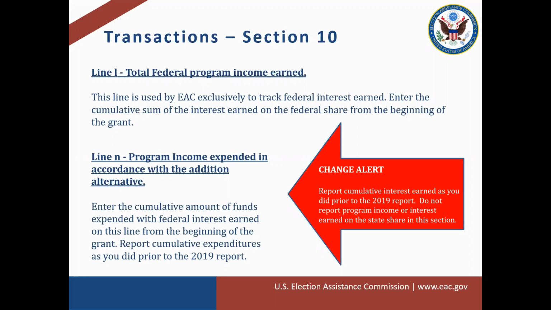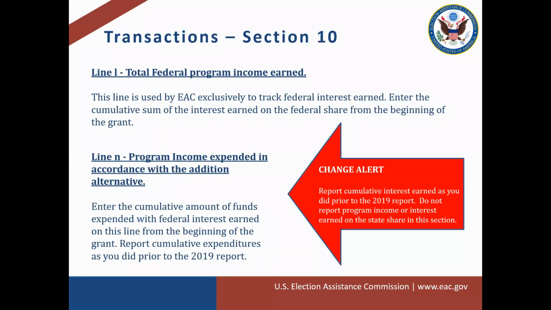Line L is program income expended. And so there's going to be a line L, a line N, excuse me, and a line M as in Mary. And M is subtractive. When you earn program income, it takes away from the grant. At EAC, we always add. So we only want you to enter information in line N as in Nancy.